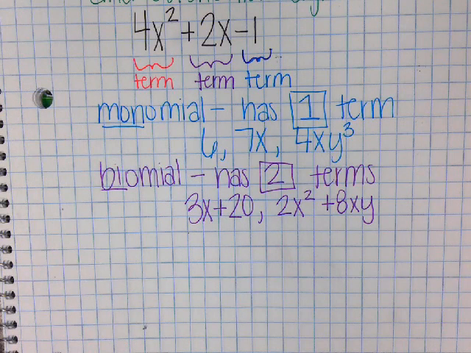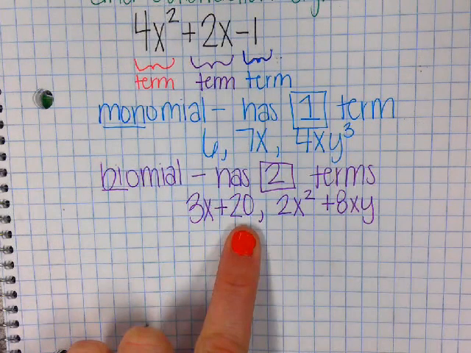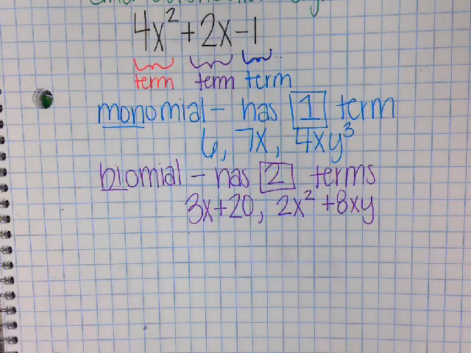So notice it is not saying that there are two variables. It's talking about terms. So here's one term, here's another term. 3x is a term, 20 is a term, 2x squared is a term, and 8xy is a term.